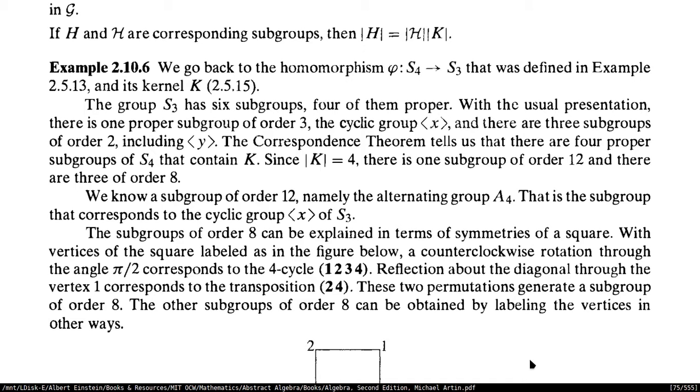So it's the product of disjoint transpositions. Since you have 4 elements in the kernel.